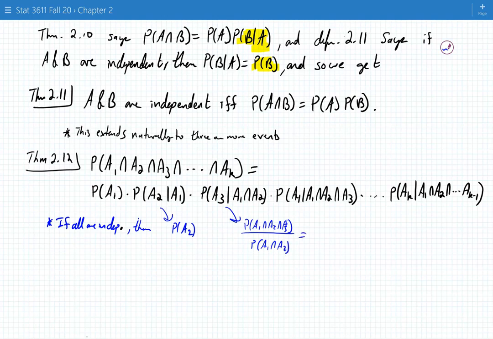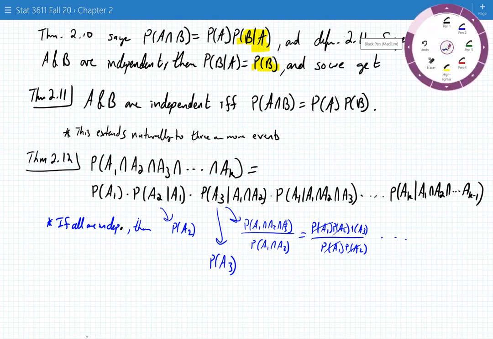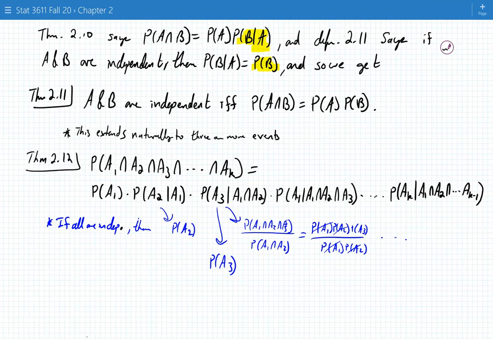Okay, but we know that these are independent, so this is going to be the probability of A1 times the probability of A2 times the probability of A3 divided by, again, by independence, based on Theorem 211, the probability of A1 times the probability of A2, and so all of a sudden this cancels, this cancels. It's just the probability of A3, right? And so on and so forth. And we can continue down that fashion, okay?